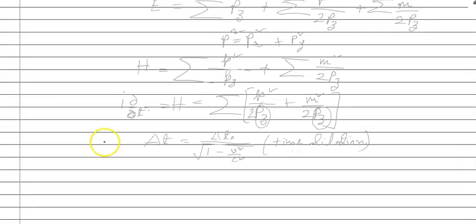Now friends, we know E equals, this equation I write, E equals the summation over i of p square divided by 2m plus pi. This is kind of interesting.